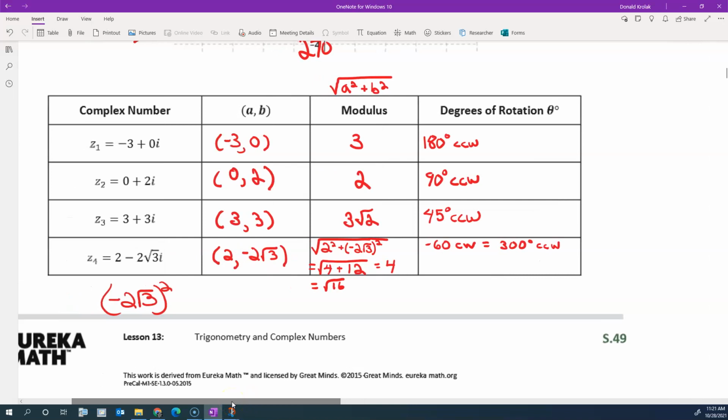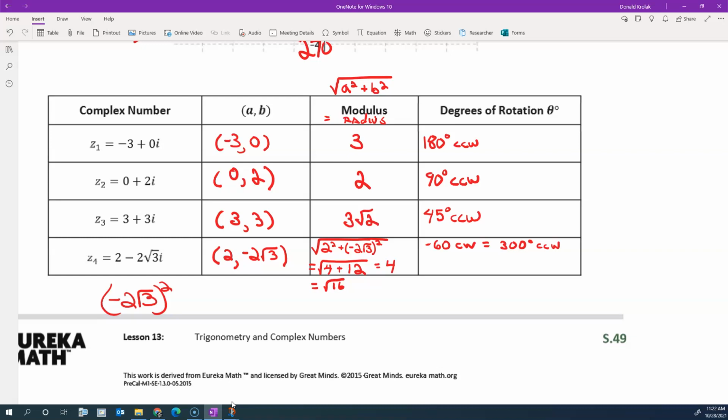Okay, this is the modulus. This is going to be the same thing as the radius. And that's how far to rotate. So rotate 180 degrees and mark on it a length of 3. Rotate 90 degrees and mark it at a point 2 units from the origin.